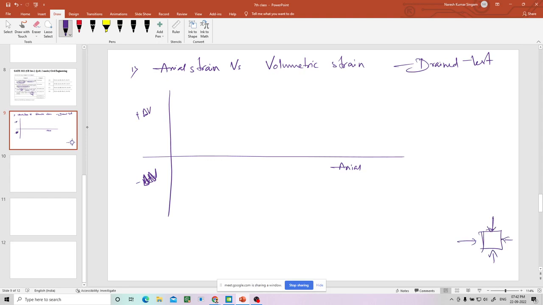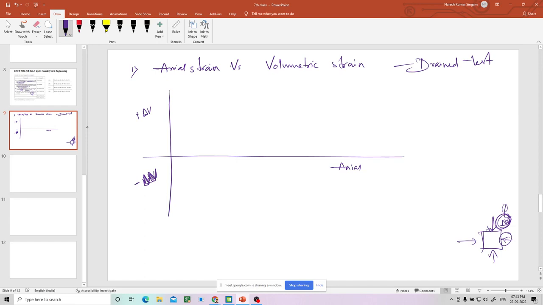If the volume is reducing, delta V will not be positive just because compression is positive. Delta V is negative because it is decreasing. You just have to think in that way. Whenever the volume is decreasing, the amount by which it is decreased is delta V, and that is negative.